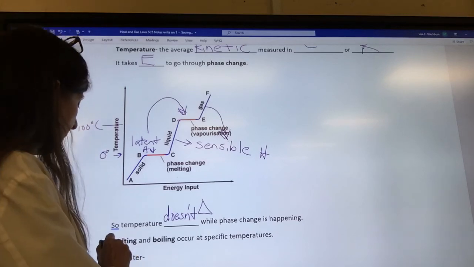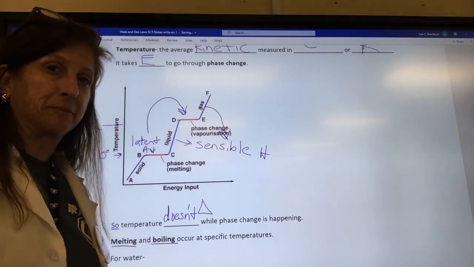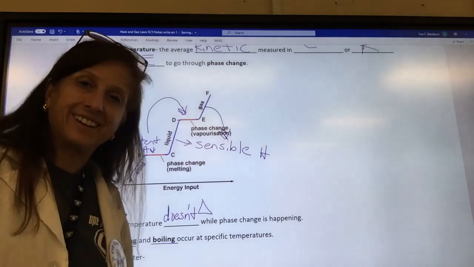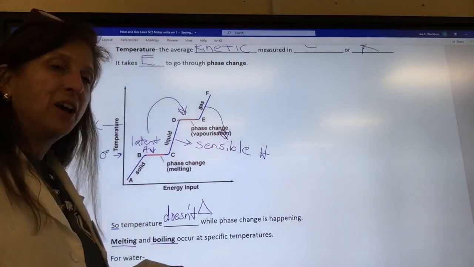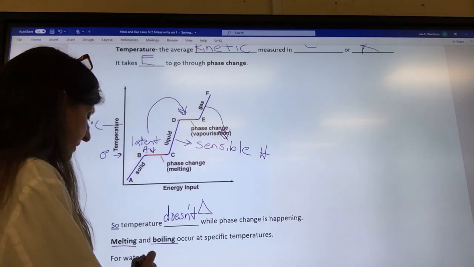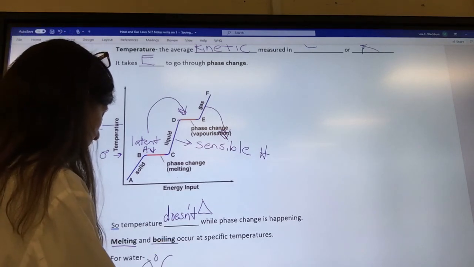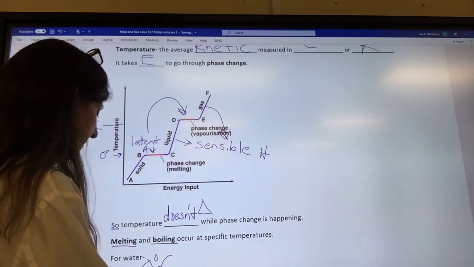Now, we kind of already told this. Melting and boiling happen at specific temperatures. For water, ice melts at 0 degrees Celsius, and it boils at 100 degrees Celsius.